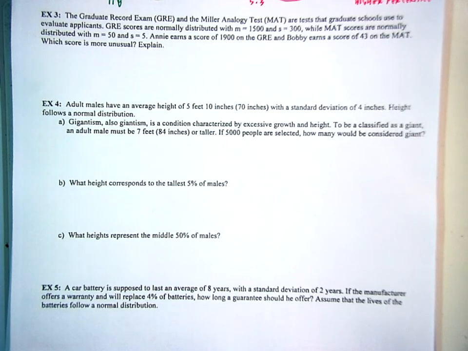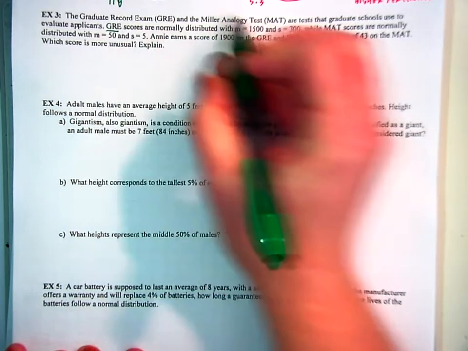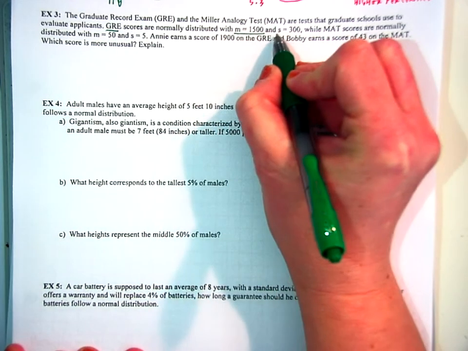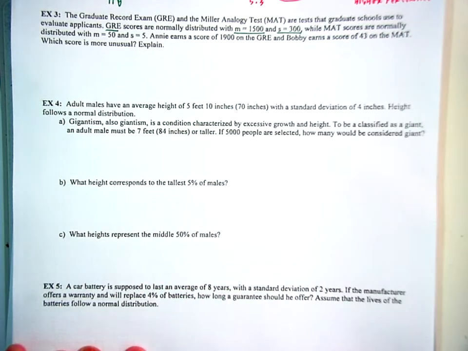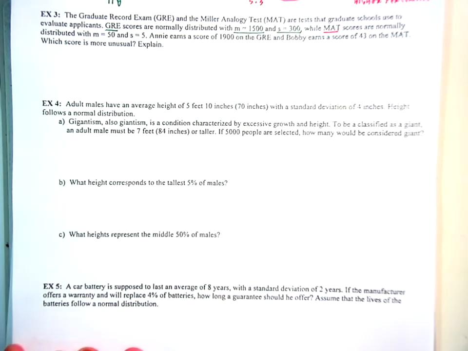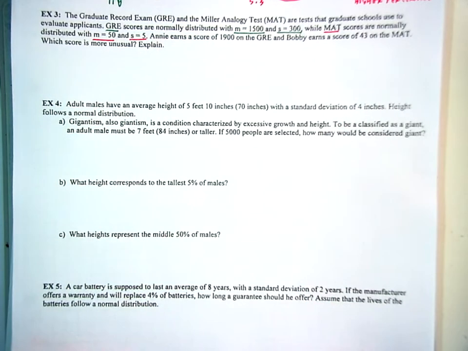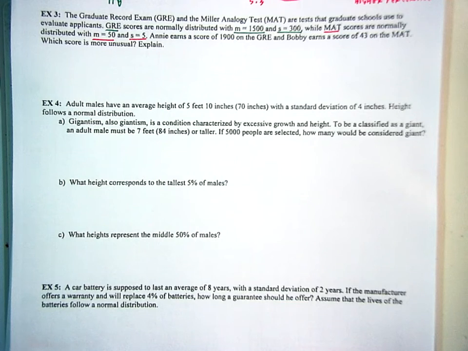GRE scores are normally distributed with a mean of 1,500 and a standard deviation of 300. MAT scores are normally distributed with a mean of 50 and a standard deviation of 5. Annie earns a score of 1,900 on the GRE. Bobby earns a score of 43 on the MAT.